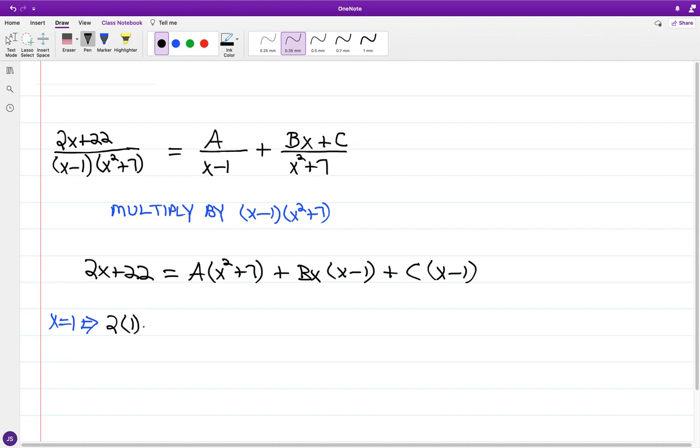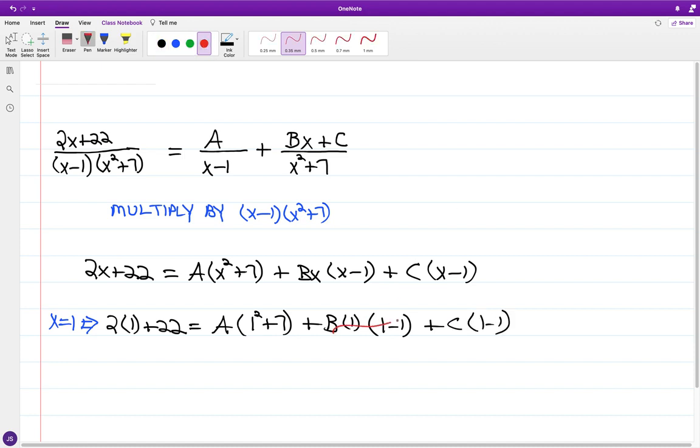So if I set x to 1, I have 2 times 1 plus 22 is equal to a times the quantity of 1 squared plus 7. Again, we have b times 1 times the quantity of 1 minus 1 plus c times the quantity of 1 minus 1. Again, 1 minus 1 is 0, so b and c are going to go out.